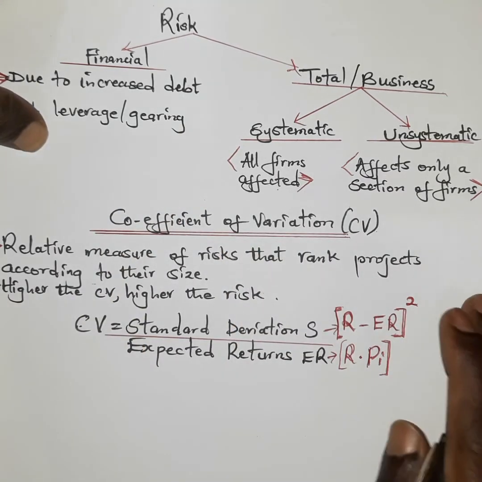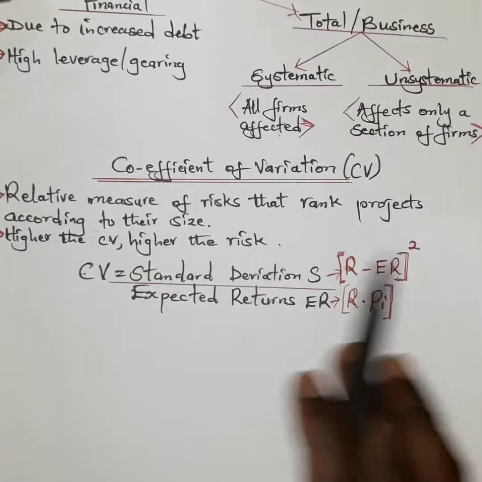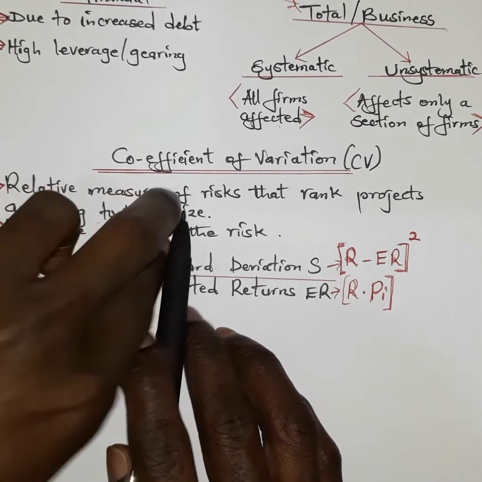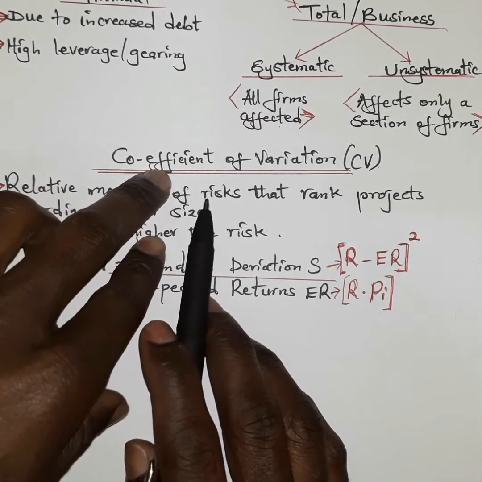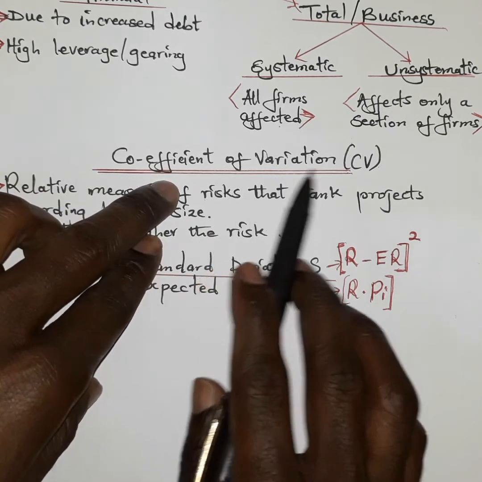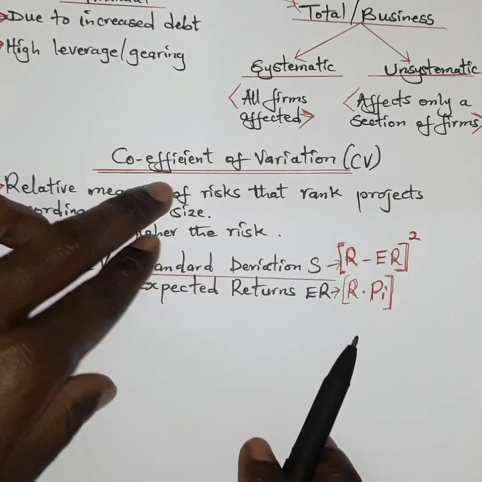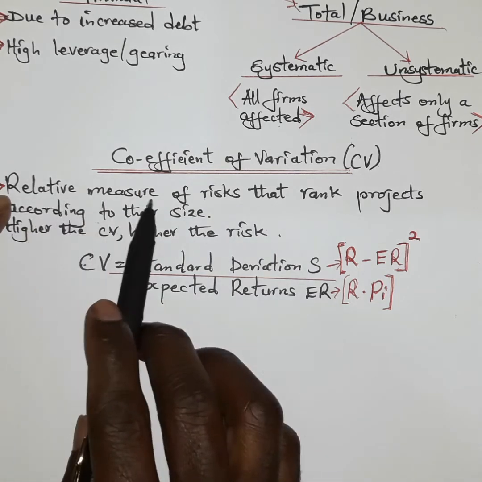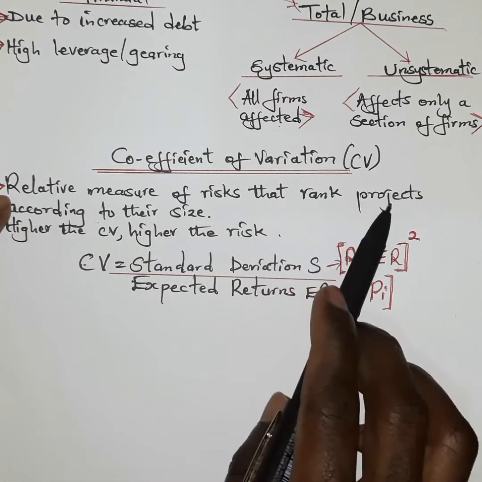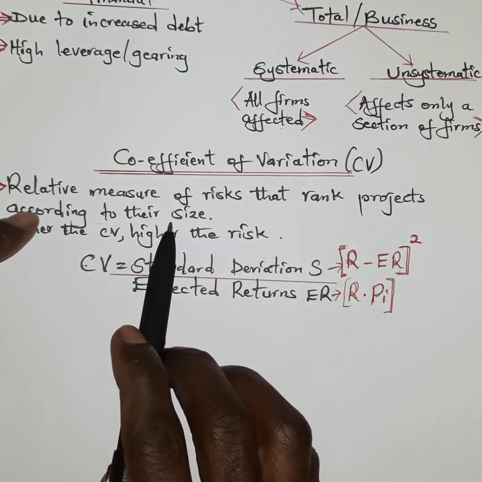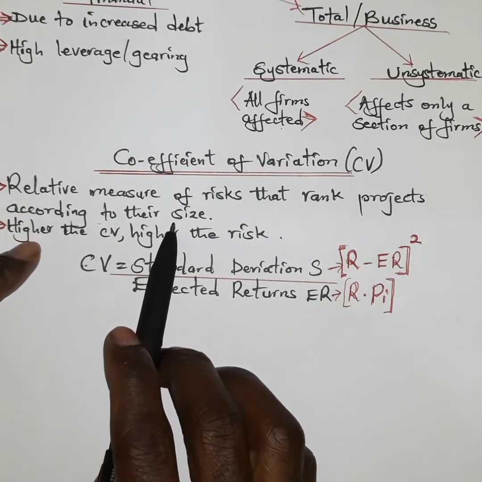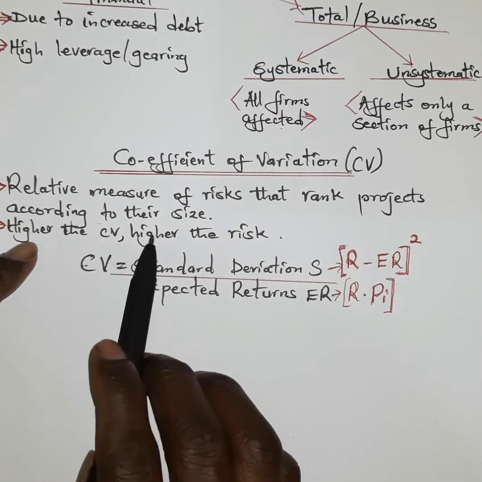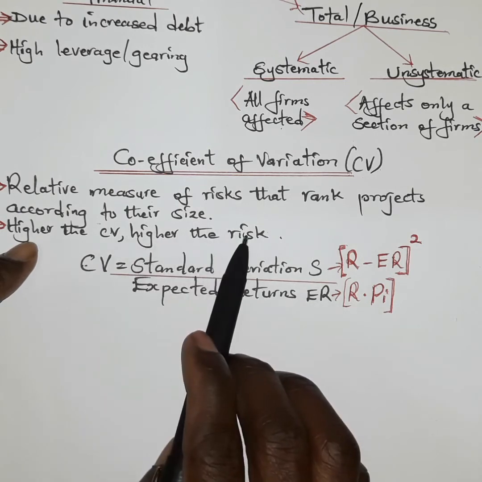Now, one of the main methods that is normally used in assessing this particular risk is the coefficient of variation. As I said before, it is the relative measure of risk that ranks projects according to their size. And we say that the higher the coefficient of variation, the higher the risk.